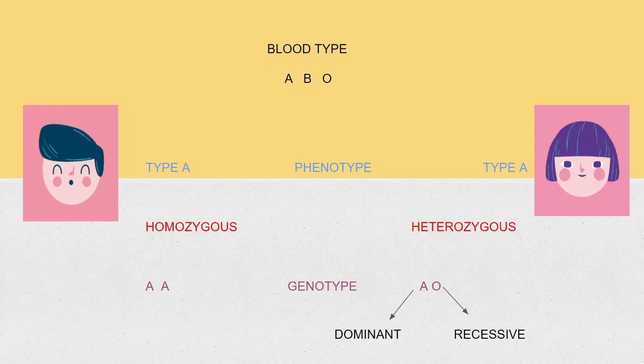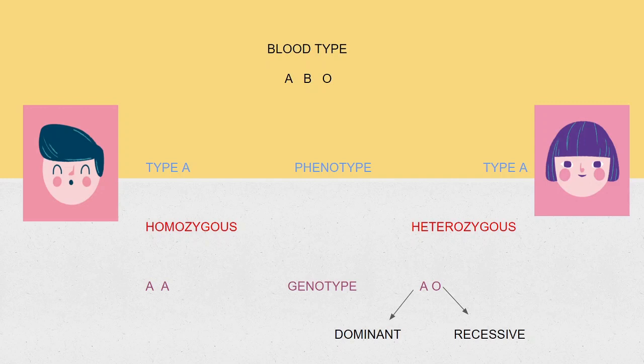Now we come to the girl. Is she going to have blood type A or blood type O? It turns out that she is going to have blood type A, because the A allele is dominant while the O allele is recessive. When an allele is dominant and someone has two different alleles, it is the dominant one that wins.